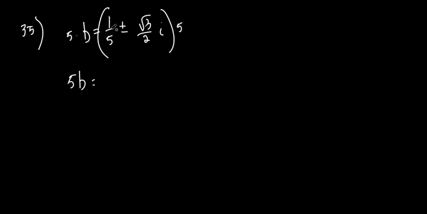So what's this going to be? It's going to be a 1 plus or minus. What's this going to be? 5 square root of 3 over 2. Okay. Now you subtract a 1. 5b minus 1. Got rid of that. Equals 5 square root of 3 over 2. Do we really need the plus or minus?